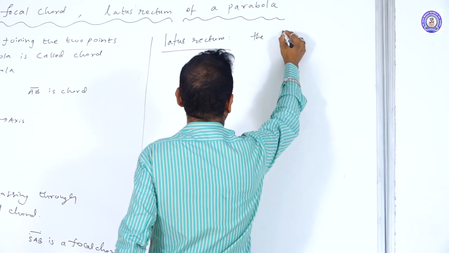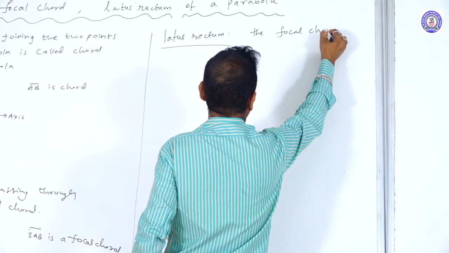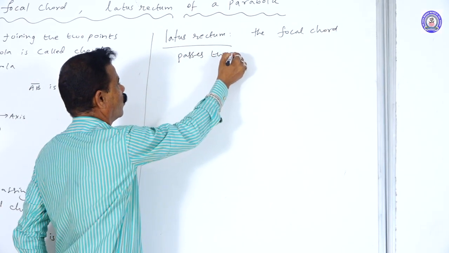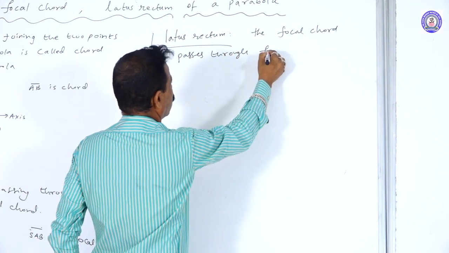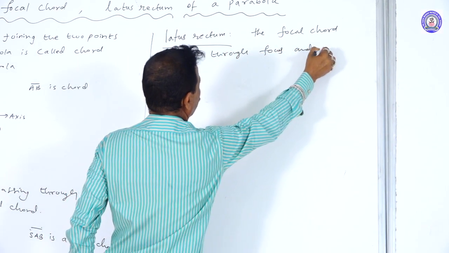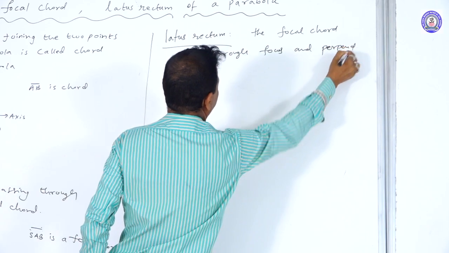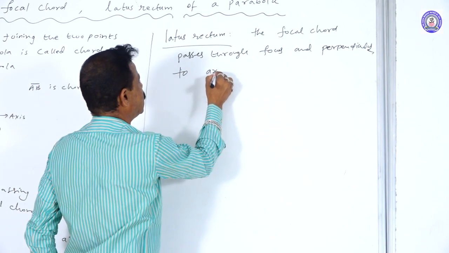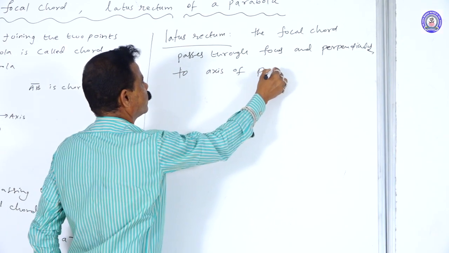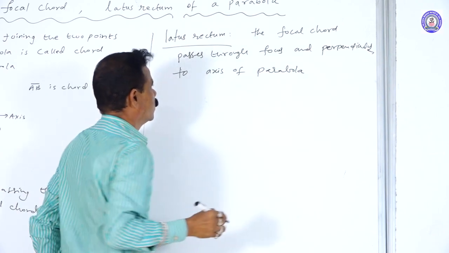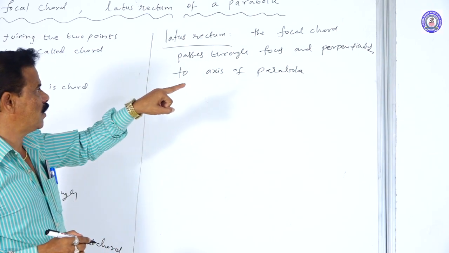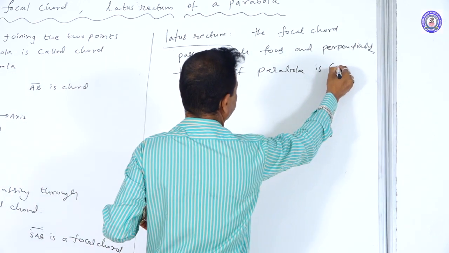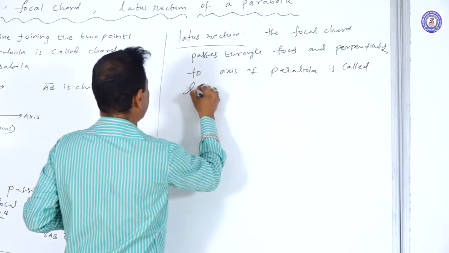The focal chord that passes through the focus and is perpendicular to the axis of the parabola is called the latus rectum.